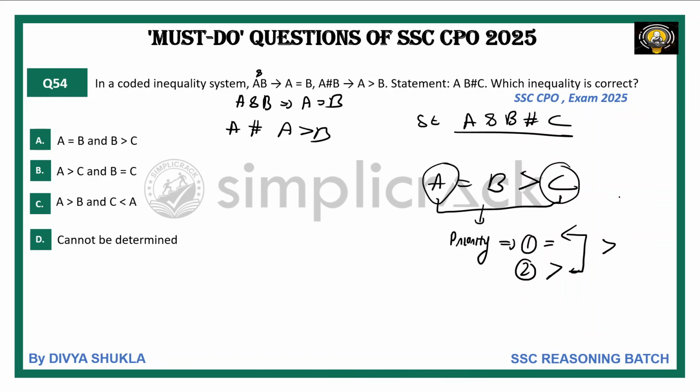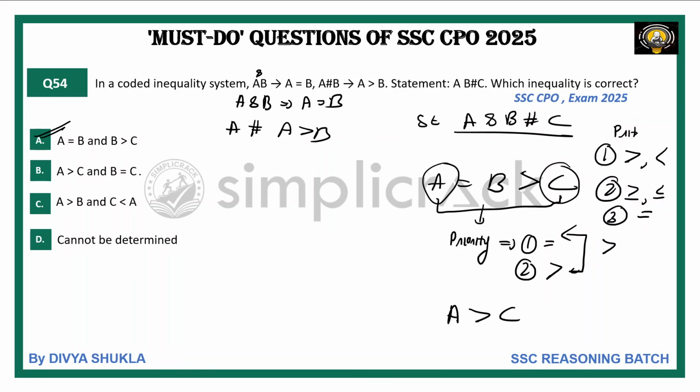Why? Because I have already told you, the first priority is greater than or less than. In the second, the priority is greater than or equal, less than or equal. Then the third priority is equal. That means the correct relation between A and C would be A is greater than C. Yes, option A is the correct answer for this question.